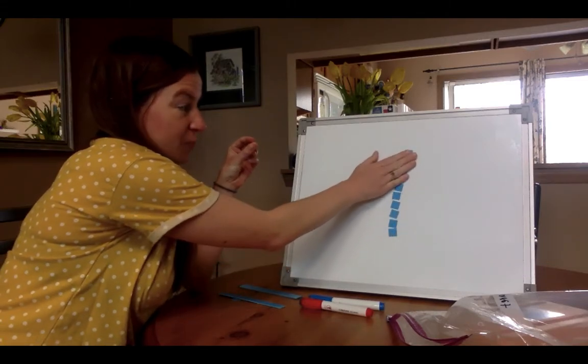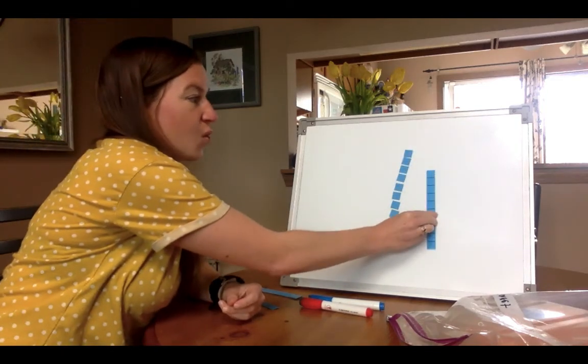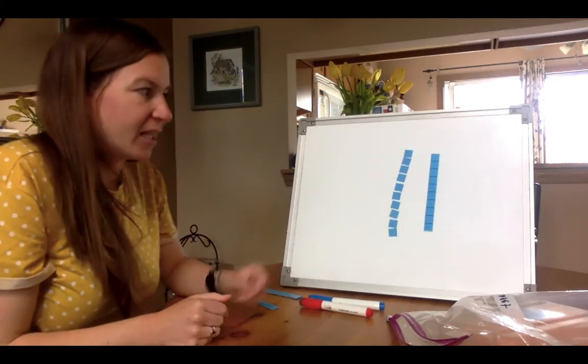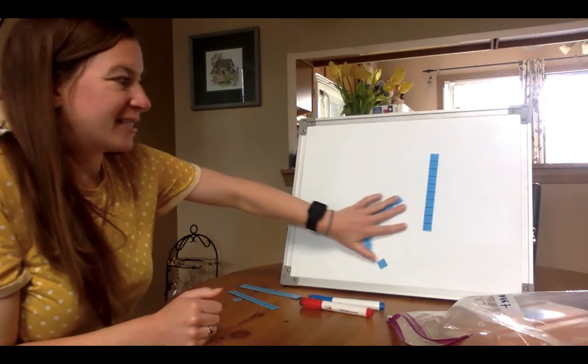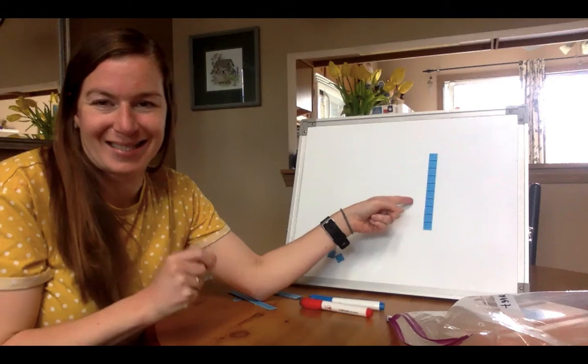So once I get these blocks and I've got 10 of them, then I can replace it with a 10 stick. And so then when I see a 10 stick like this, I automatically know that that's 10.